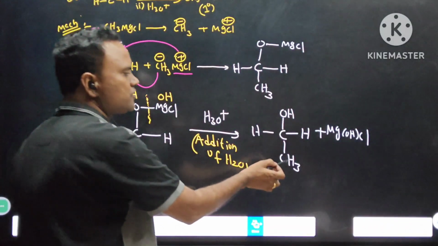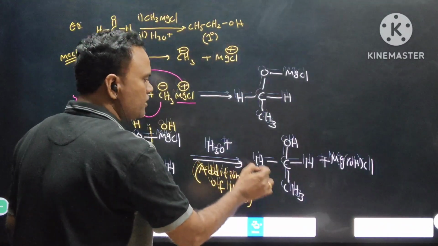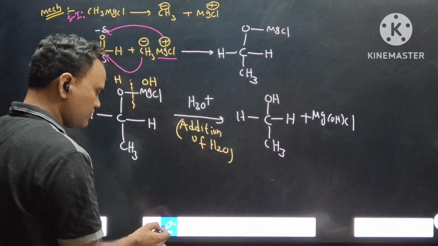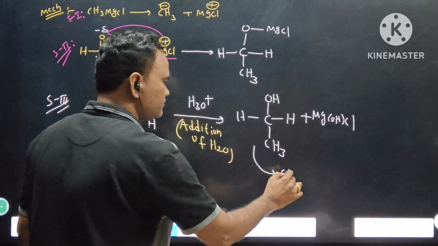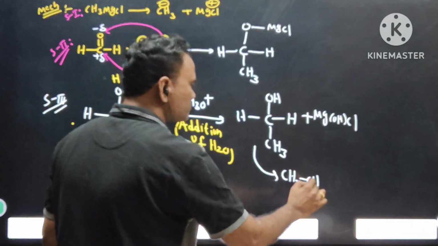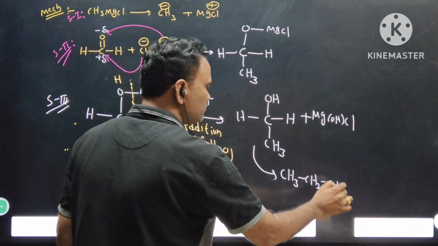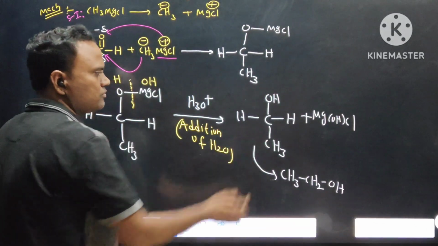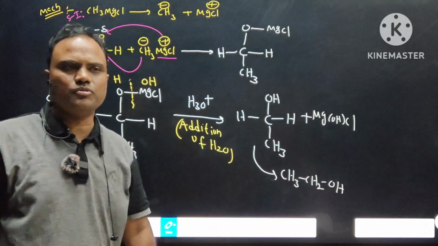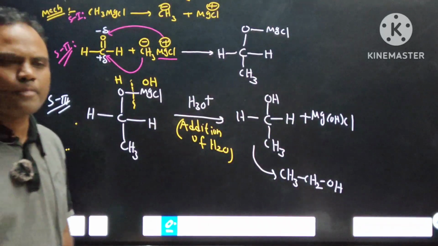So we got alcohol, CH3CH2OH. This can be written like this also. Both are the same, this one and this one. Okay, copy.